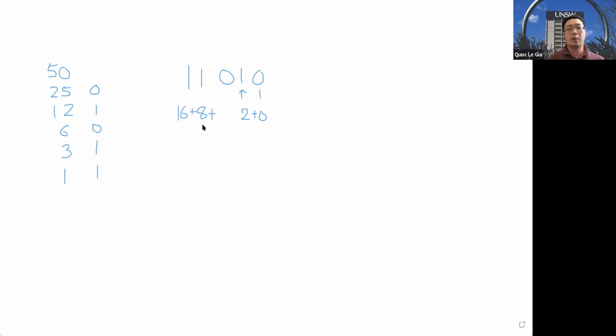I think we missed something. When we divided by 2, we got 0 here, so we have to put a 0 here. We forgot the 0 here. So actually the full number should be something like this. Let me do the calculation again.